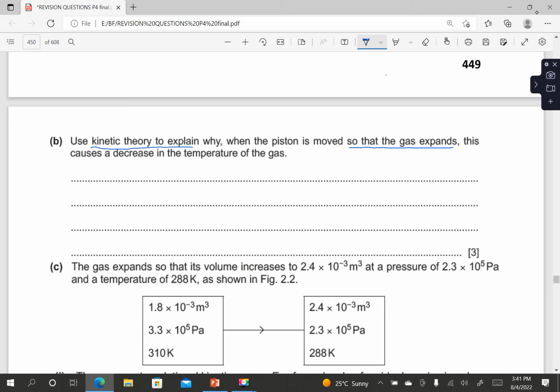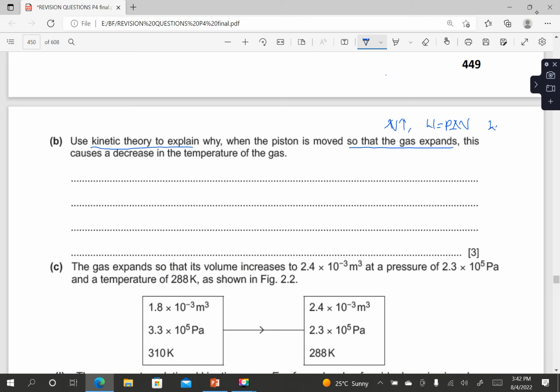If the gas expands, then the volume is increasing. Remember, work done is equal to pressure times change in volume. So the volume is increasing, which means the work done is going to be negative because the gas expands.